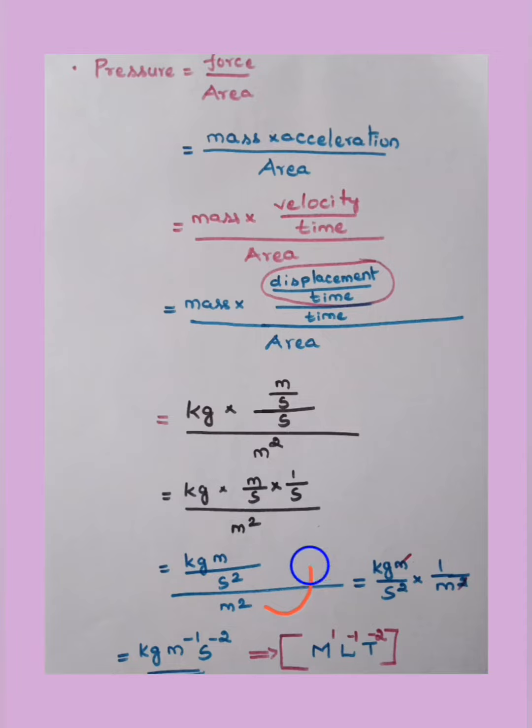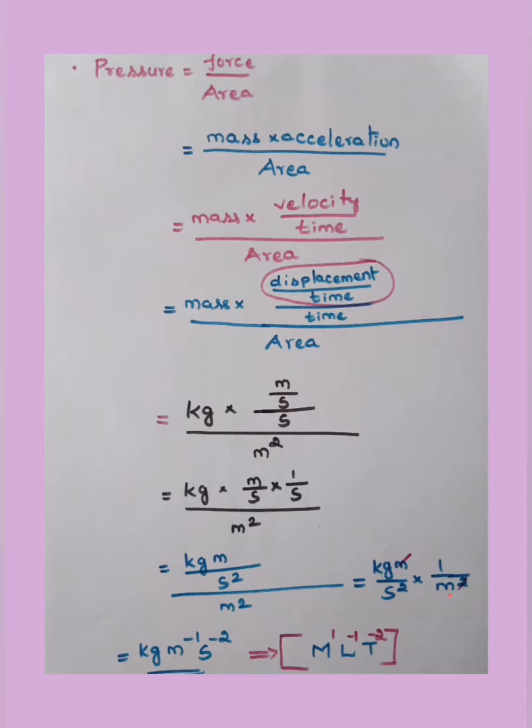Now take this meter square to the numerator. When we simply write some numeral or any number like this, it's understood to be divided by 1. So when you take it to the numerator, it becomes the reverse of that. So we have kg meter by second square into 1 by meter square. Of meter and meter square, 2 m are there, 1 m gets cancelled, so m remains.